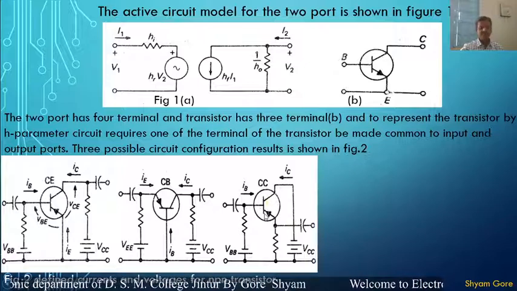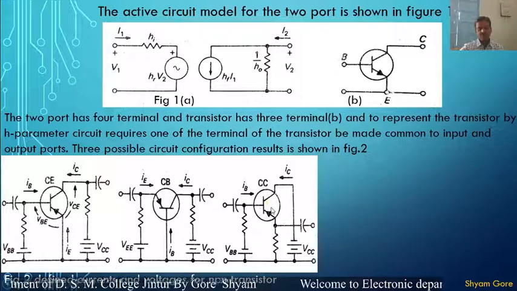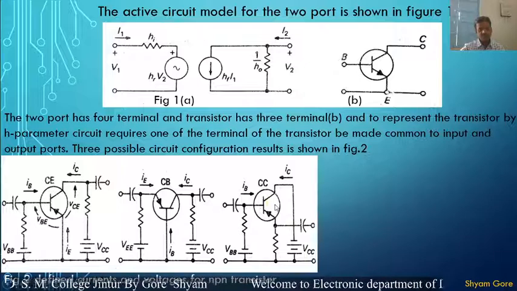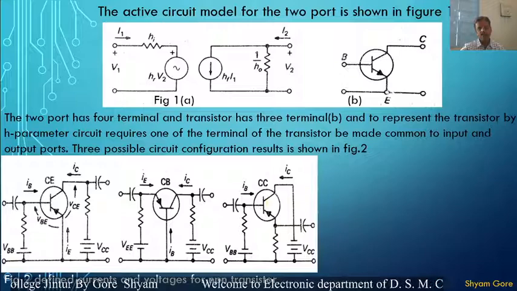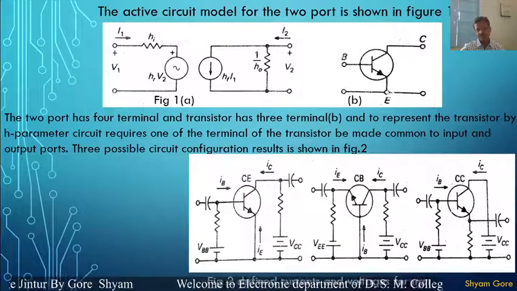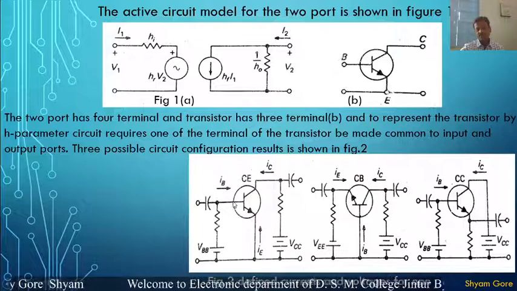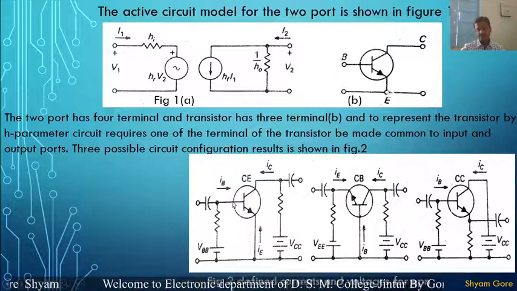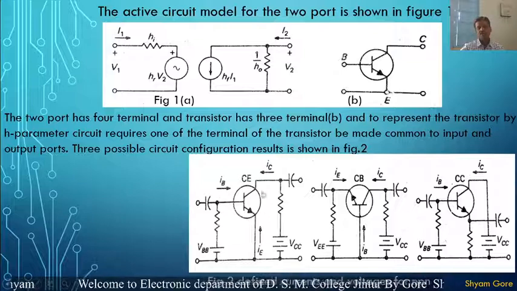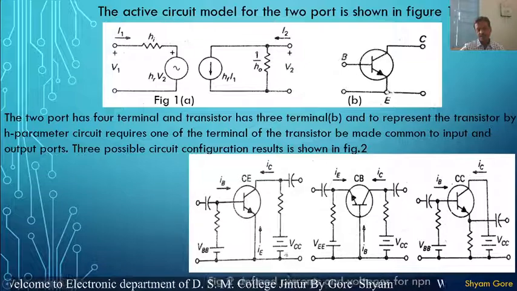And there is another possibility of PNP transistor, and for PNP transistor also the 3 circuits, that is for common emitter, common base and common collector is like this. This is the another circuit. Here the transistor is NPN transistor, and in this way we can make the transistor's one terminal common for input side and output side.